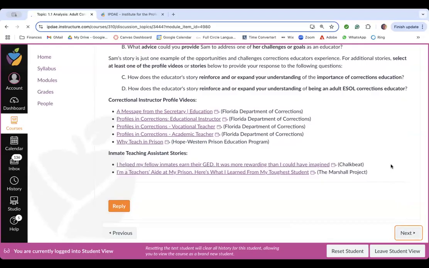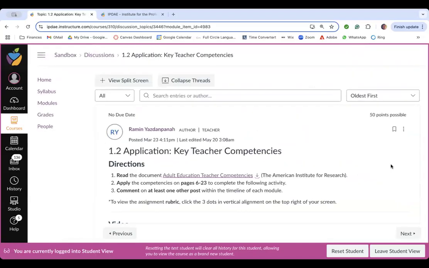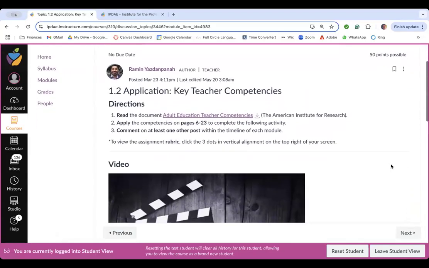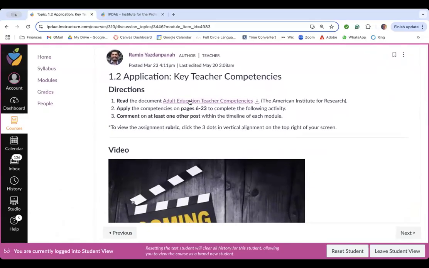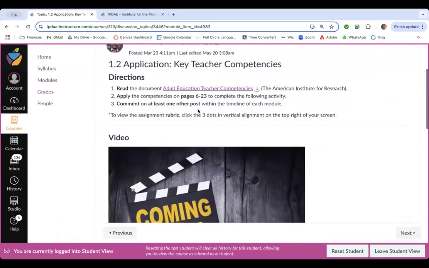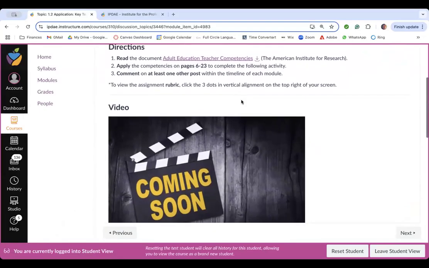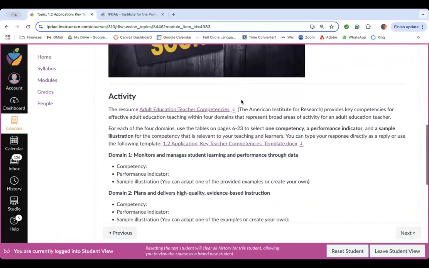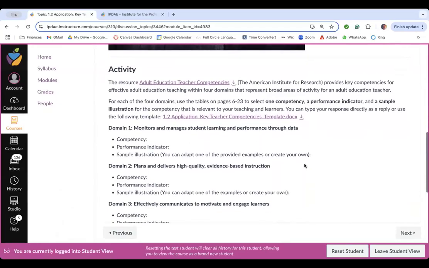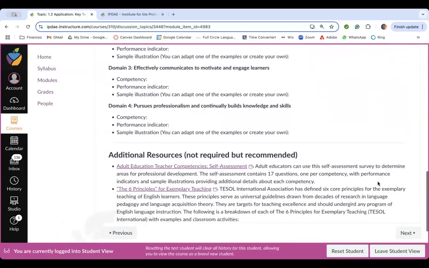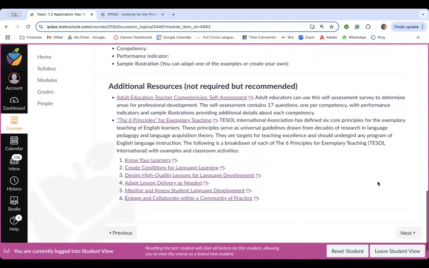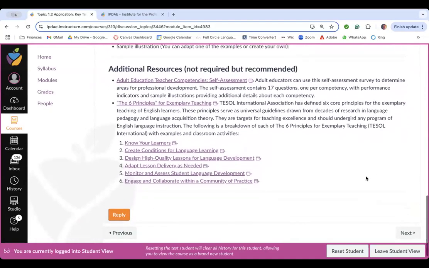As we go through the course, we can see here now the application activity. This is with some content to read. In this case, it's the adult education teacher competencies. And a little activity here. Again, additional resources not required but recommended.